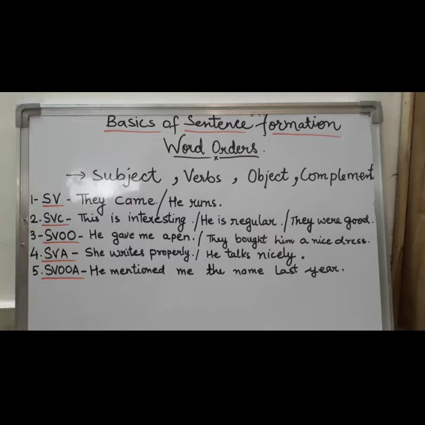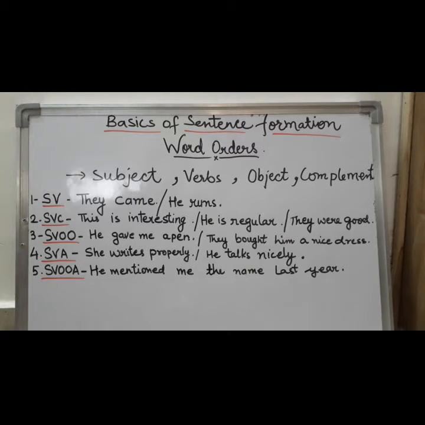Okay, there are some basic components of a sentence. They are used in every sentence, and they are subject, verbs, object, and complement. When you make a sentence, you have to use parts of speech.